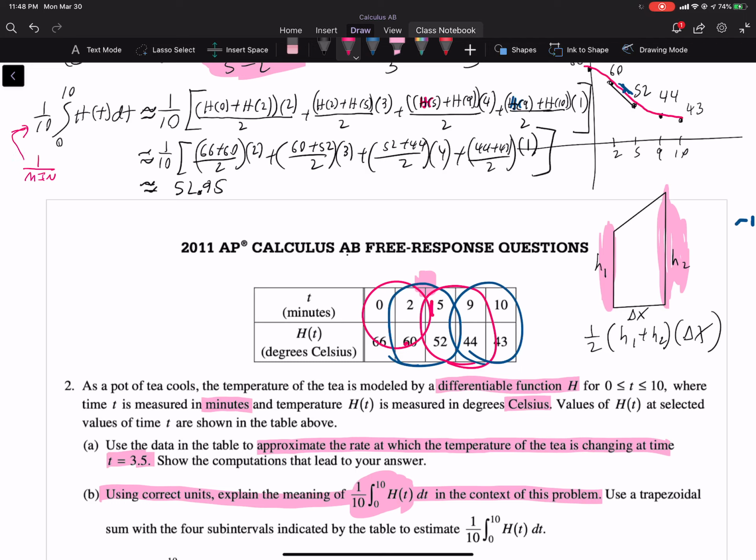H of t is going to be degrees Celsius, and dt is going to be minutes again. So those will cancel, so it's just degrees Celsius.